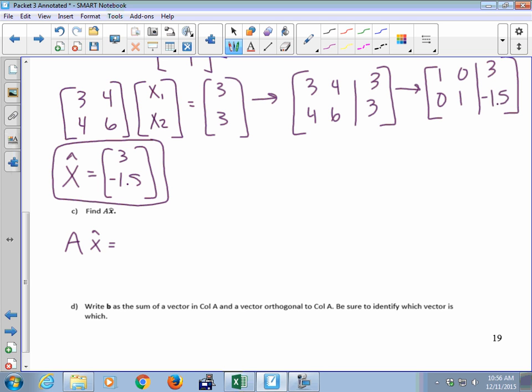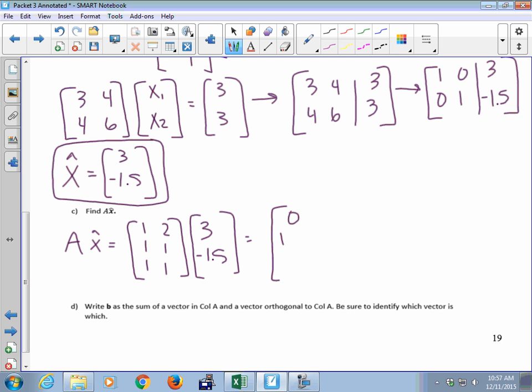So A was [1, 1, 1], [2, 1, 1] times my x hat, 3, negative 1.5, and get 0, 1.5, 1.5. That Ax hat is also known as b hat, right? That is as close as you can get to b, but still being within the column space of A.